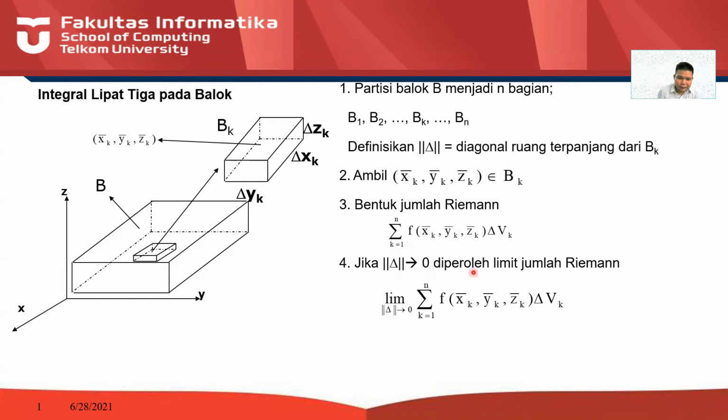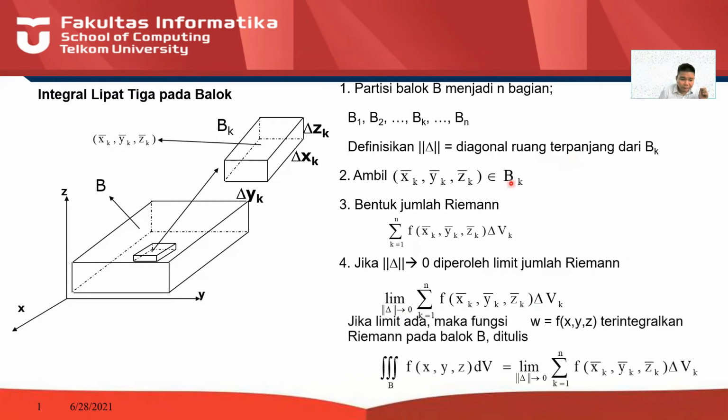Meaning that we take the limit of the Riemann sum as the norm of delta goes to zero. Delta is the longest diagonal of Bk, which is the size of the box itself.